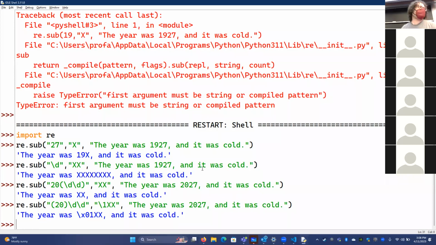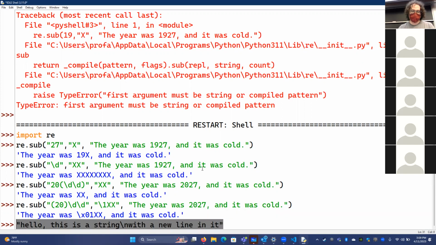So there's different ways of representing strings in Python. There's the normal way we do it, which is, hello, this is a string /n with a new line in it. And let me go ahead and copy it because I'm going to need to use this.